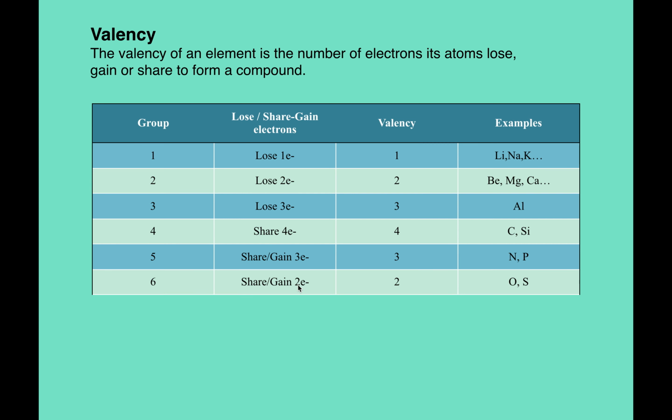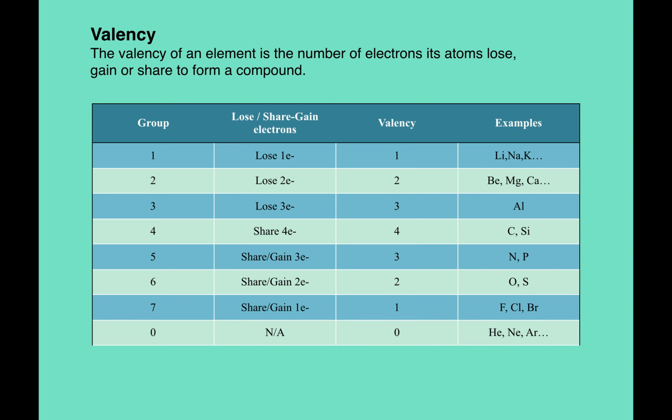Group 6 will share or gain 2 electrons to get a full outer shell, so their valency is 2, and oxygen and sulfur are the examples. Group 7, fluorine, chlorine, bromine, iodine, etc. They will share or gain 1 electron to get a full outer shell, so their valency is 1. The noble gases, well, they don't lose or gain electrons, so it's not applicable, and their valency is considered to be 0, which might be why they're called group 0.